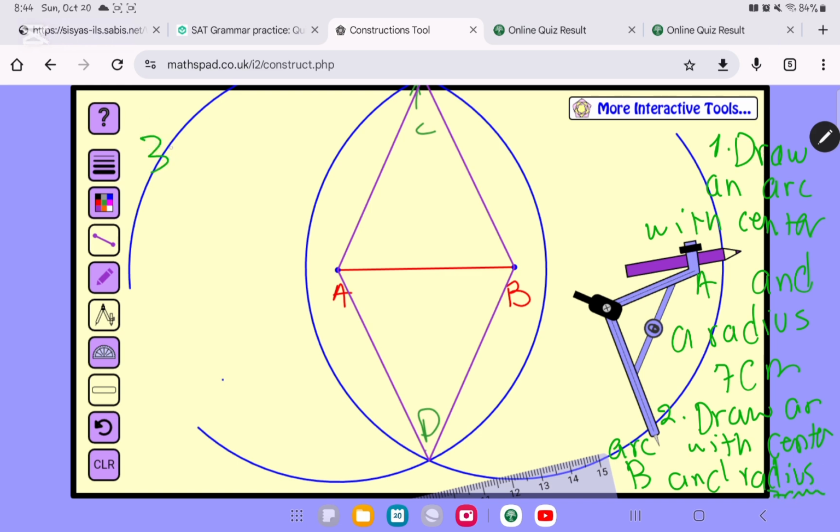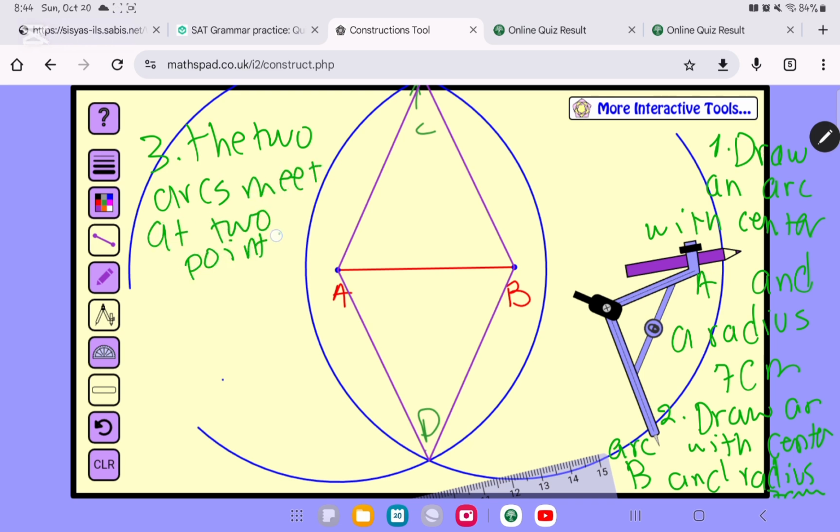Step 3. The 2 arcs meet at 2 points, which we called what?